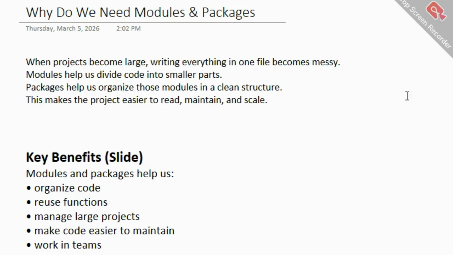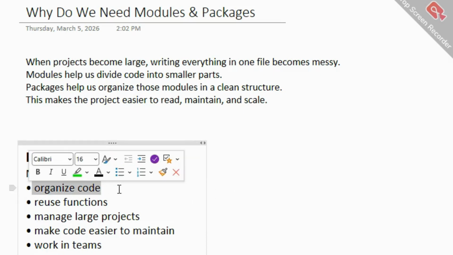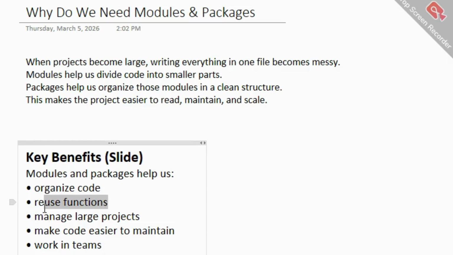Without them, the project will become very difficult to manage. So these are the key benefits. Modules and packages help us organize the code, reuse functions, manage large files and projects, and make code easier to maintain.